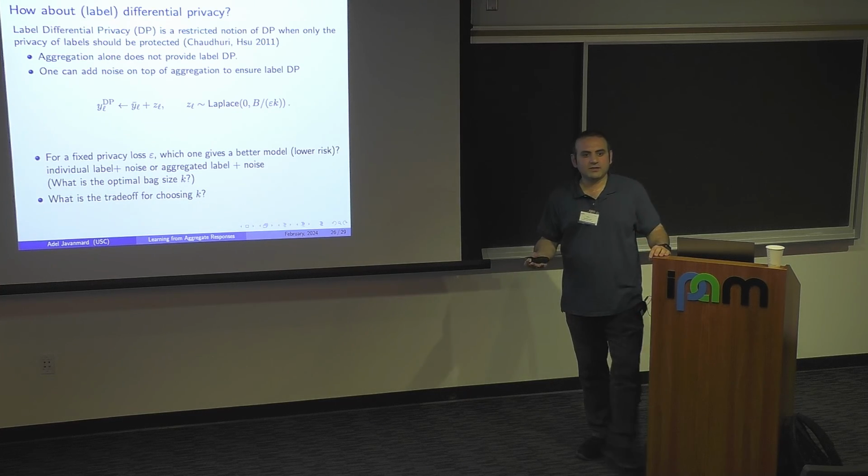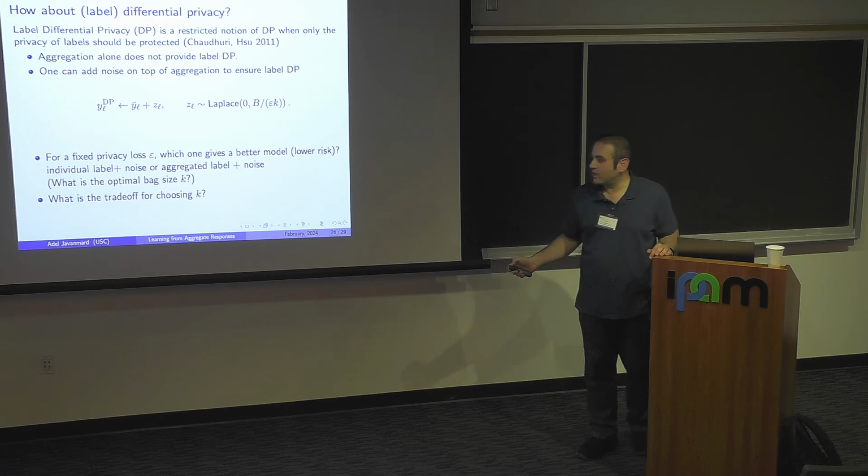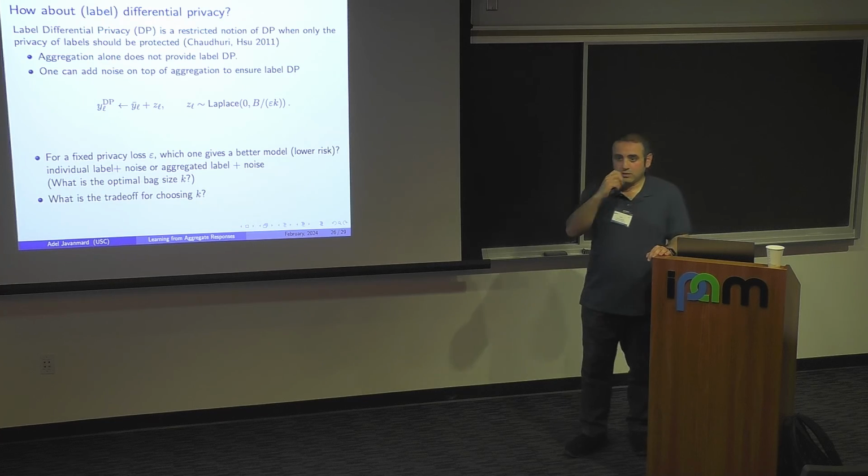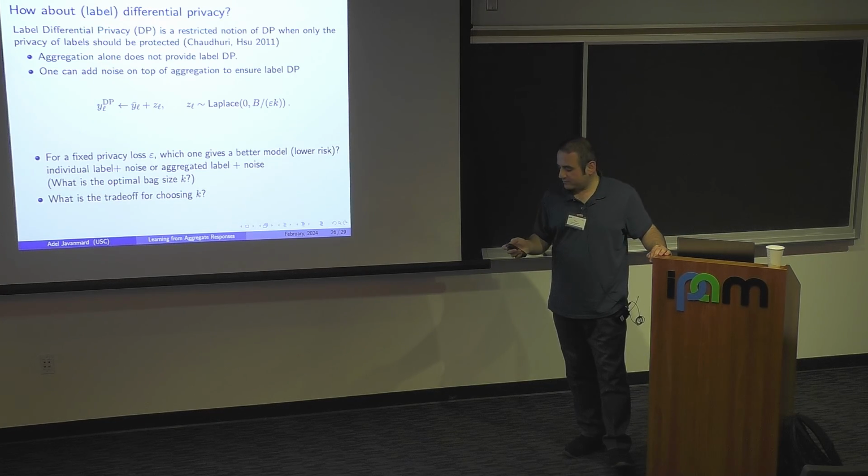If K was something other than 1, it means you should aggregate within some bag and then add the Laplace noise. So for a given fixed privacy loss epsilon, I want to see which of these approaches gives me a better model, or what's the optimal choice of K.